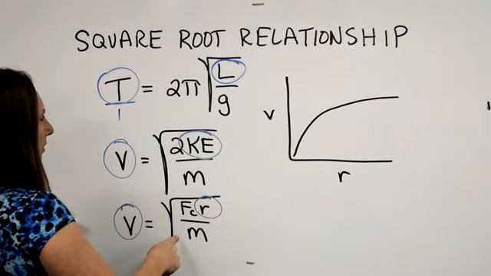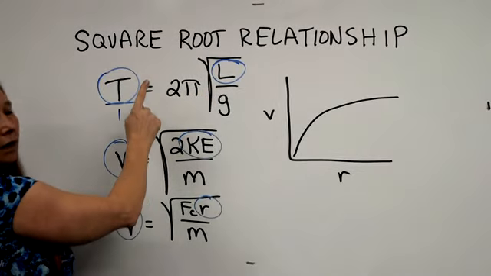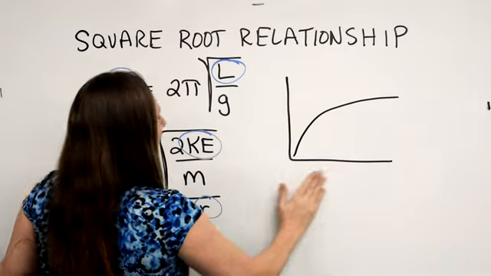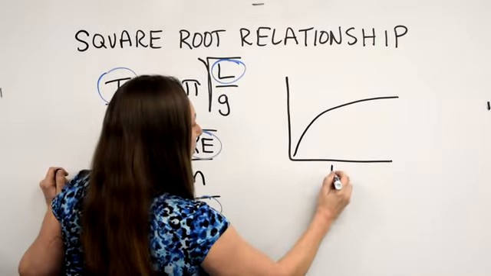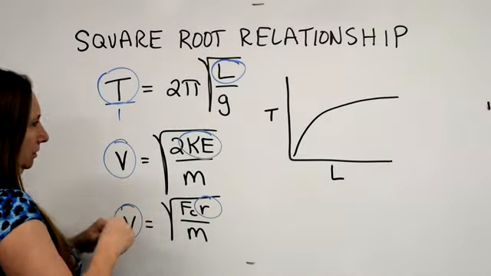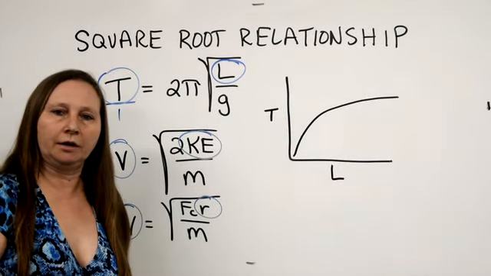If you want to do the pendulum one, this is very common, you will see this in a first year physics course. The L, the length of the pendulum, goes here, and the period of the pendulum goes there. So that's what the graph of a square root relationship looks like.